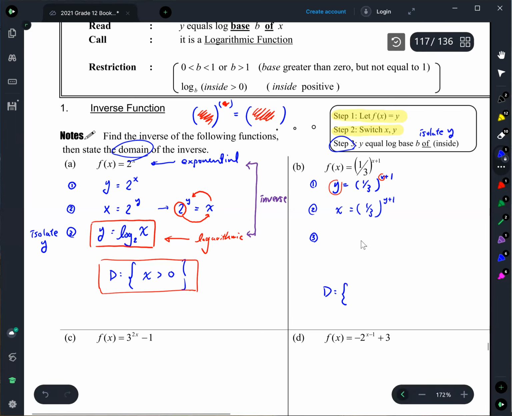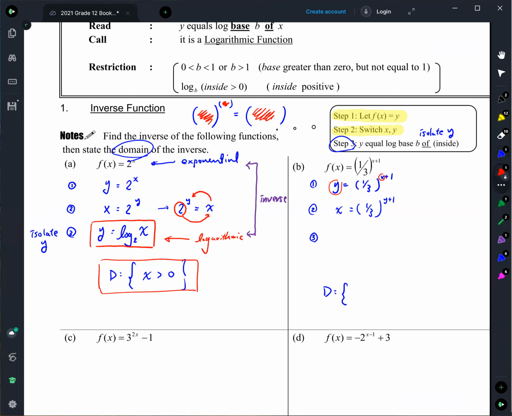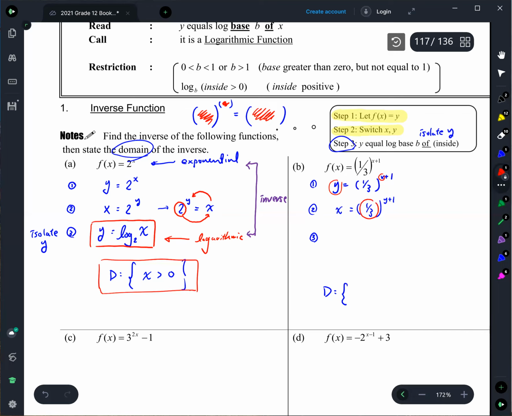And make sure the y has to be isolated. Please raise your hand if you finish step 3. So you start with log, base, and then counter clock.